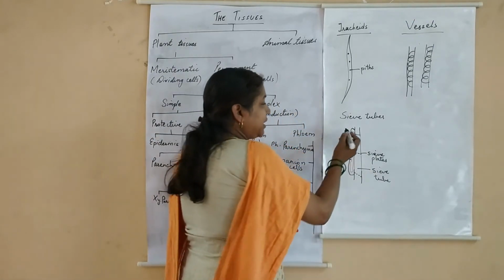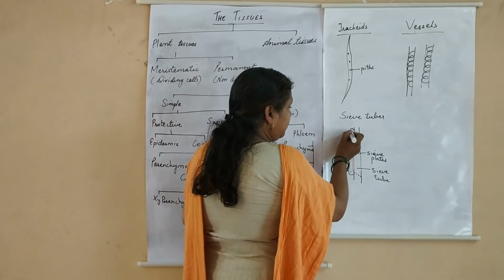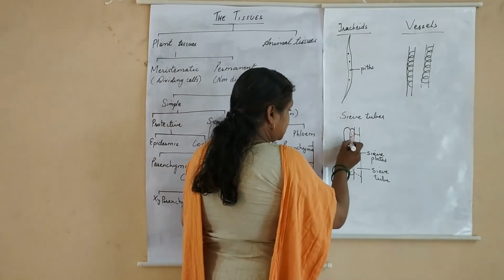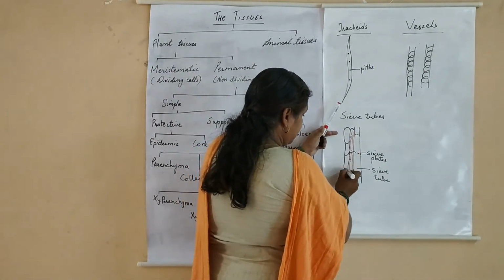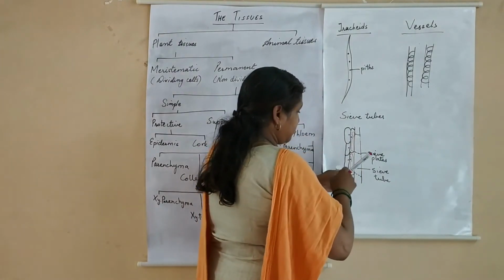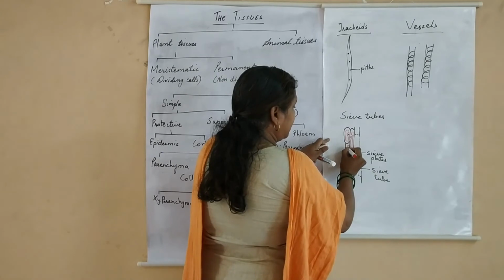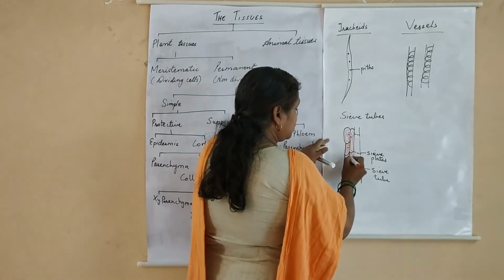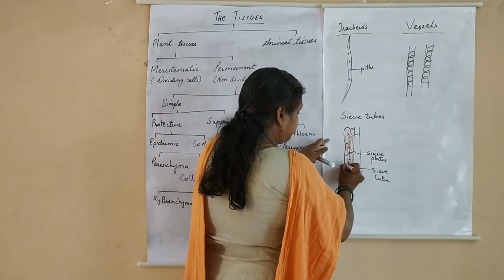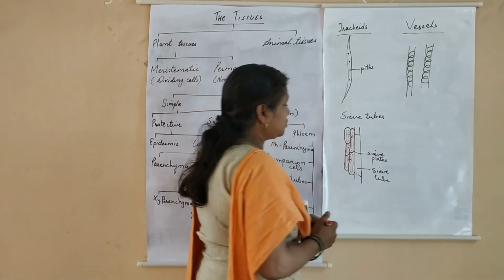And alongside the companion cells, we have parenchyma cells. Phloem parenchyma, again storage in function. It helps to store food.